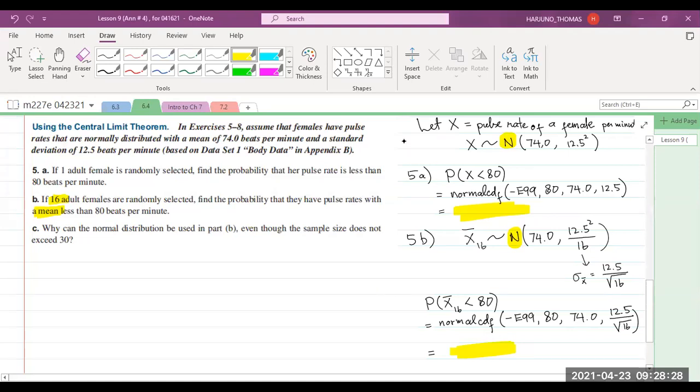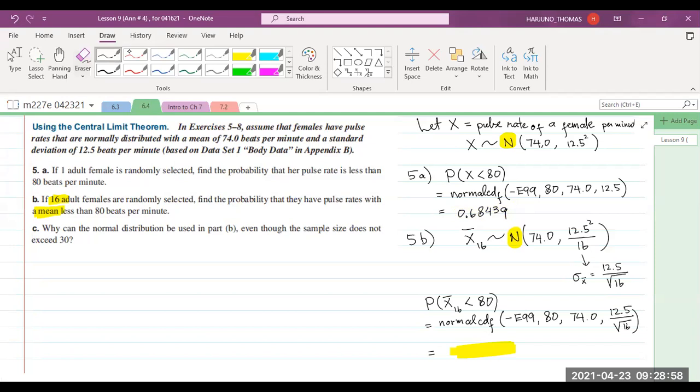So according to my calculator, normal CDF, for part A the answer is 0.68439 if I round it to 5 decimal places.